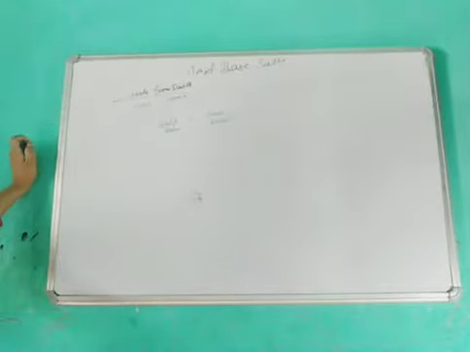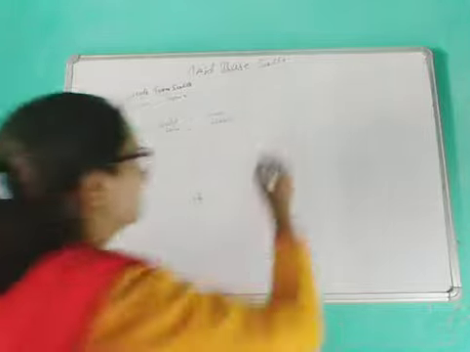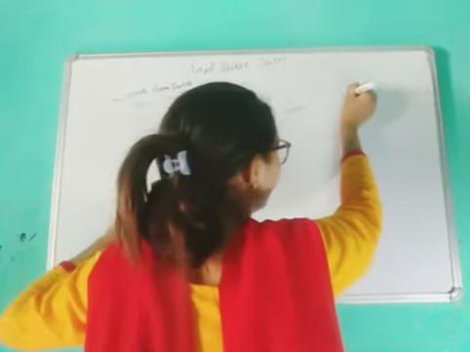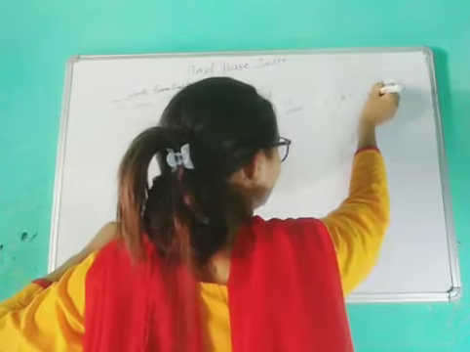So it will give you a normal salt and a basic hydroxide. Okay, a precipitate of a basic hydroxide. It will give you normal salt plus basic hydroxide in the form of precipitate.